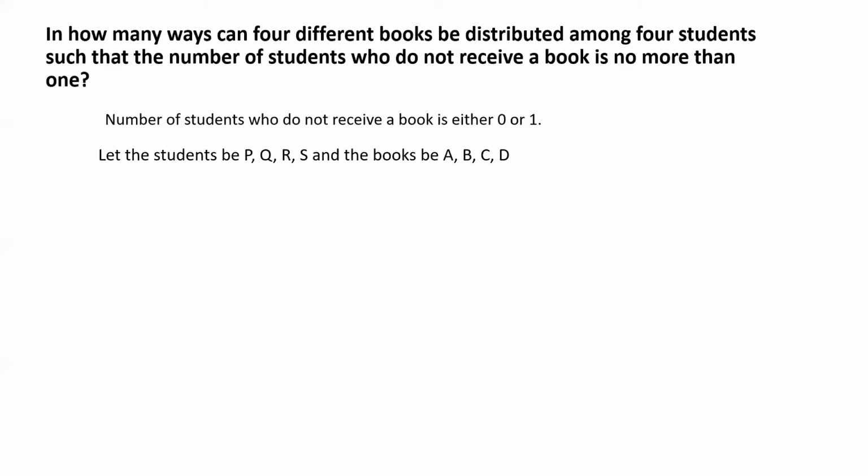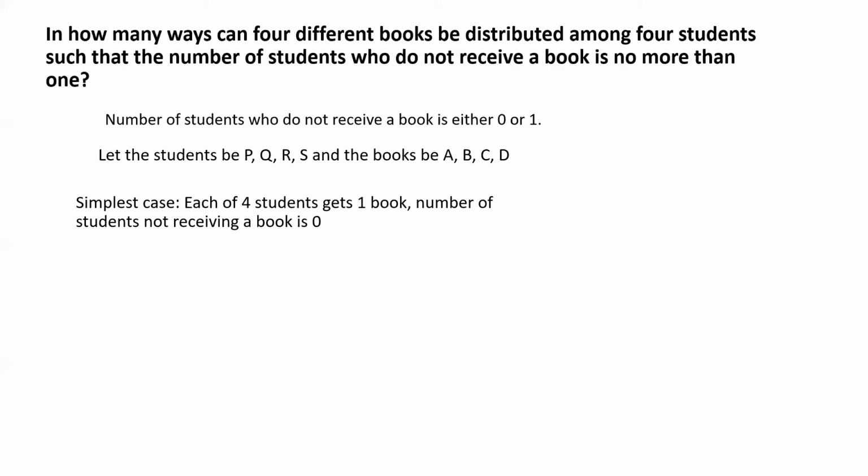From here on, we consider the simplest case: when the books are distributed equally, meaning each student gets 1 book. In this case, the number of students who do not receive a book is 0, because each of the students is getting 1 book, right? And how many permutations will be there in this case? It's very simple, just factorial 4, equal to 24 ways.